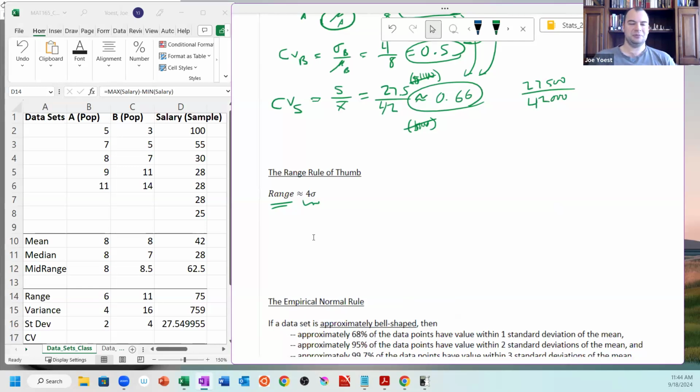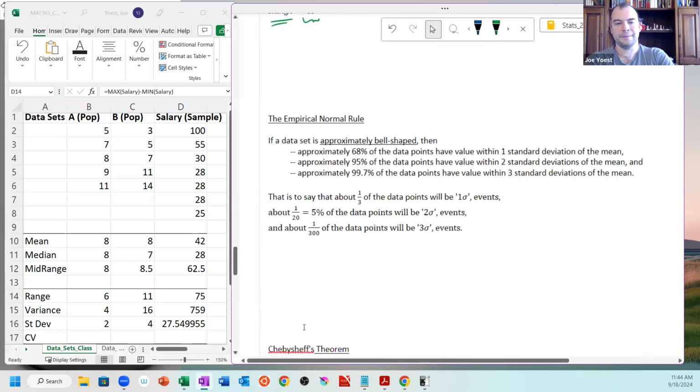Personally, aside from a couple of philosophical notes on this, I don't see much real use for this, but that is the range rule of thumb, that the range is about 4 standard deviations, or that the standard deviation is about a quarter of the range.